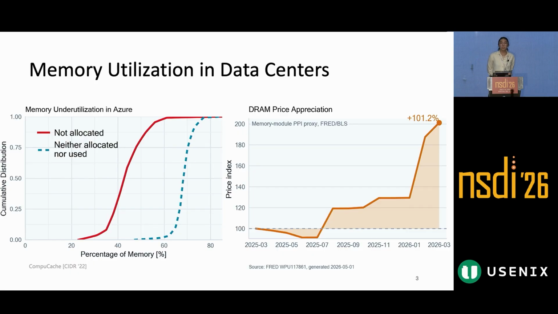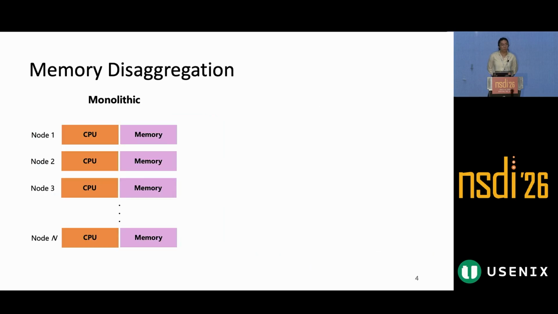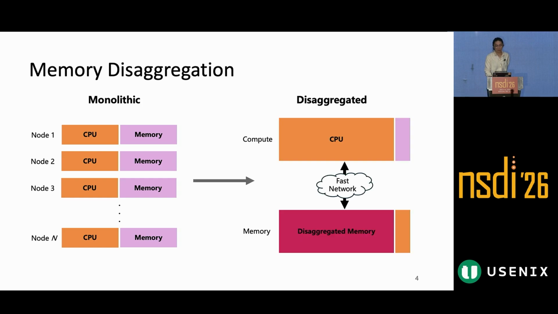Furthermore, with the recent rising prices of DRAM, we see this leads to a corresponding rise in the actual cost of this memory underutilization. To address this, memory disaggregation is a promising solution. While traditional monolithic architectures tightly couple resources, when using a disaggregated architecture, we have resource-specific pools that are connected via a fast network fabric.